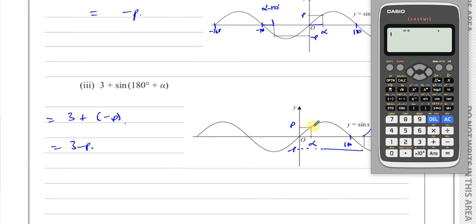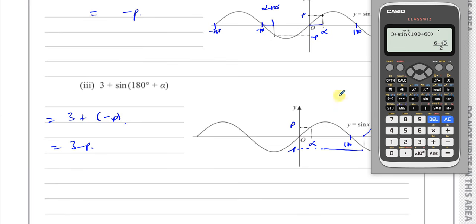Let me just use 60 degrees just to show you. For example, we know that the sine of 60 degrees equals root 3 over 2. Let's do 3 plus the sine of 180 plus 60. That's going to give you 6 minus root 3 over 2.